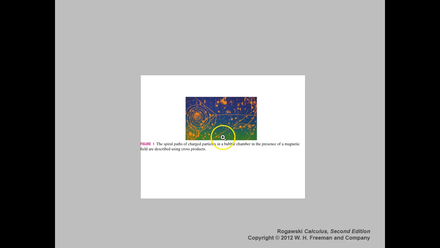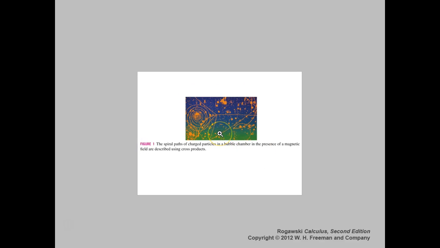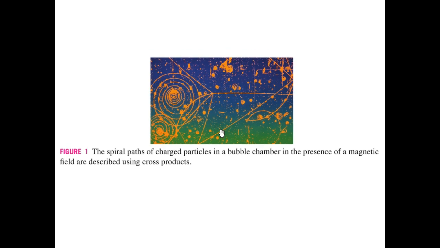Don't know if any of you have actually seen one of these before. Maybe you've seen pictures of them. This is called the bubble chamber. Okay, and this is a pretty lousy rendition. Your book probably is a little bit clearer than this.